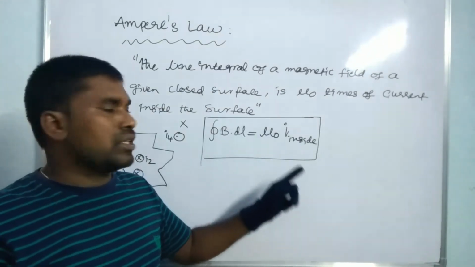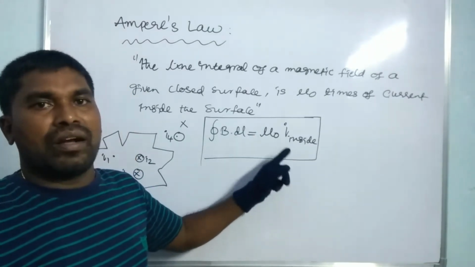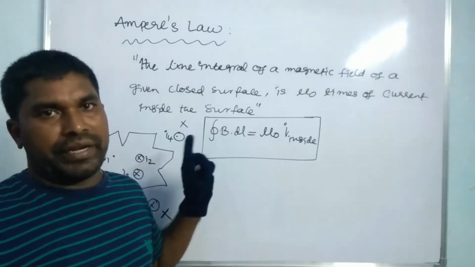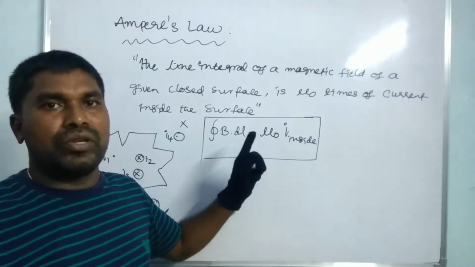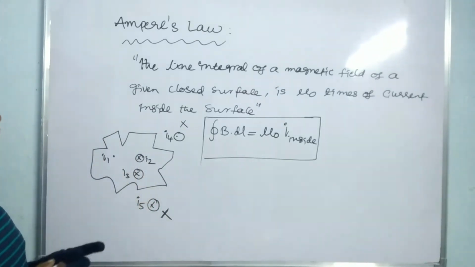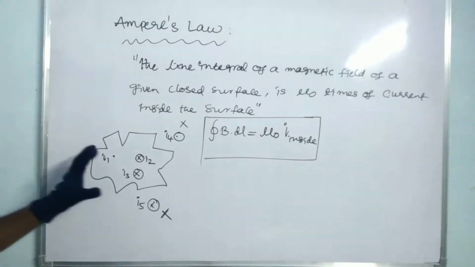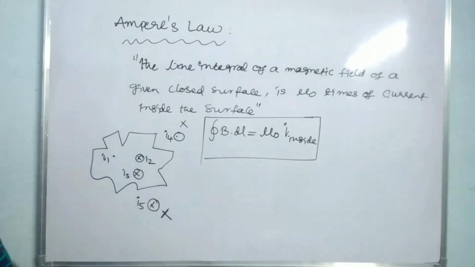So the currents which are outside of the loop are not added or counted. That is the major point we have to remember. And the currents which are inside of the loop will be added.